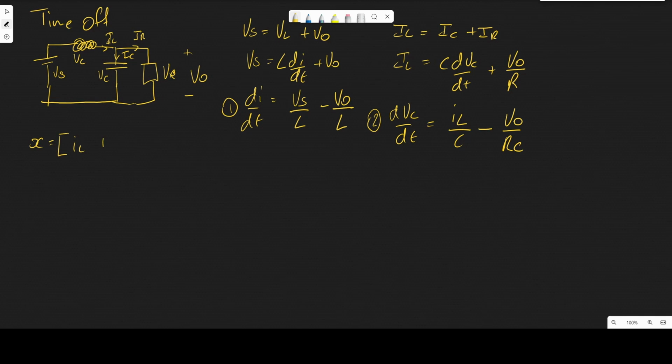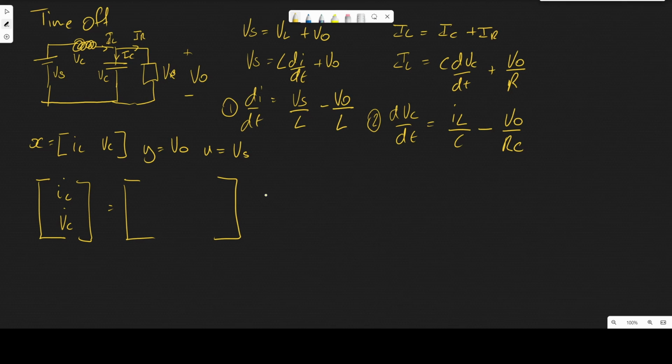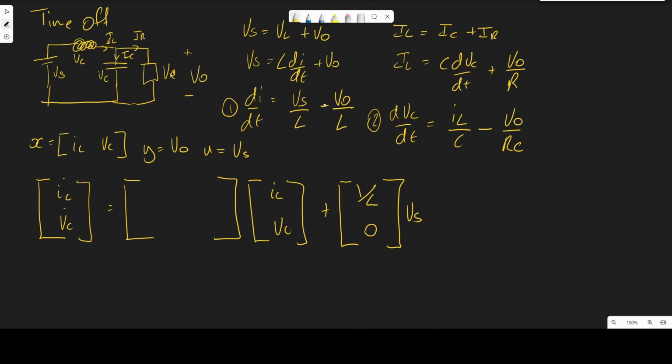So IL, Vc, the output remains unchanged, and the input is still equal to Vs. And writing this in state space form, we have the derivatives of the states, the A matrix, IL, Vc, the B matrix, and Vs. So starting with the derivative of IL, we can see it's Vs on L, so the same here, 1 all over L, and the output, which we've said earlier, is the same, it's equal to Vc.